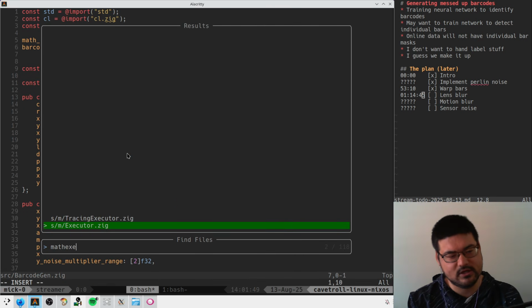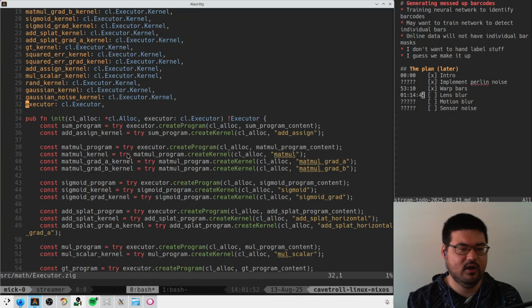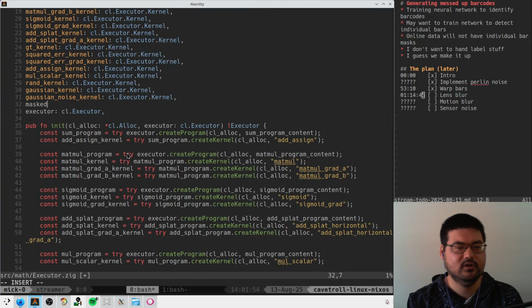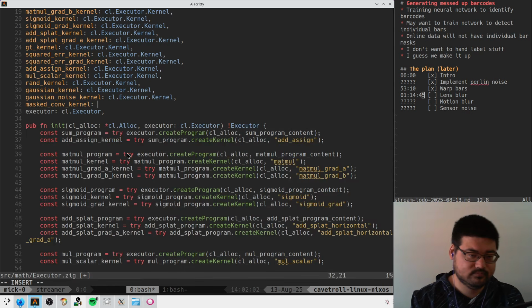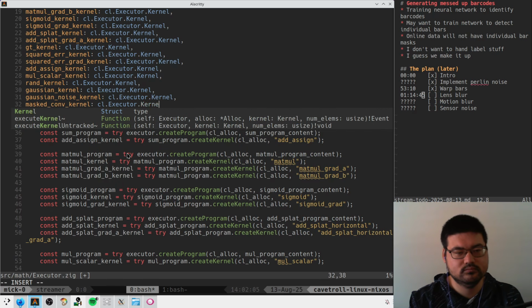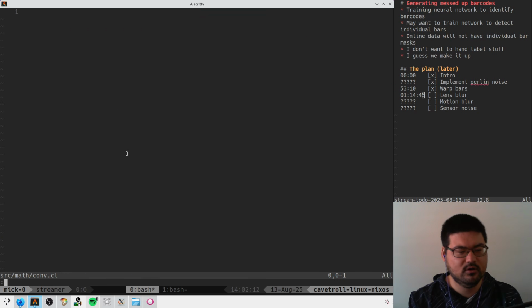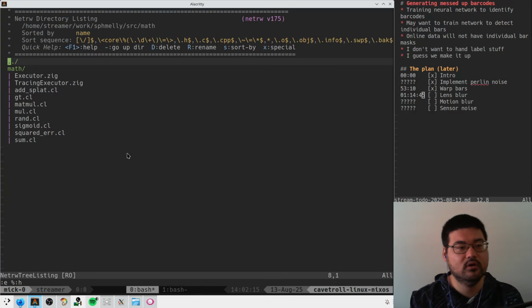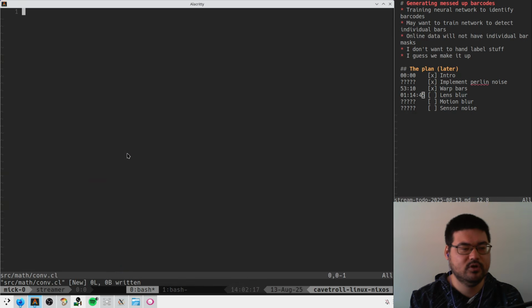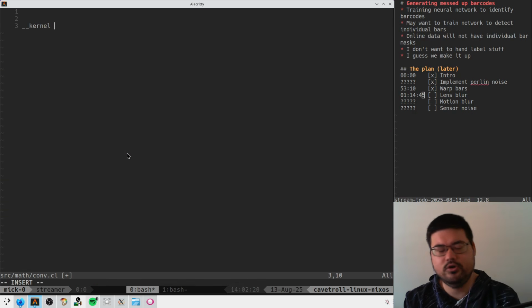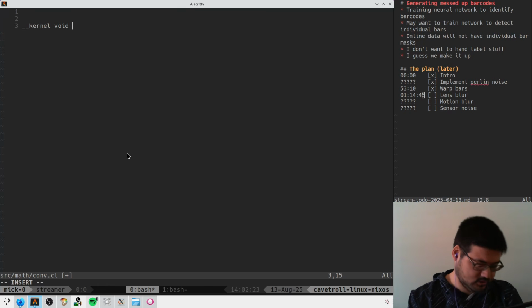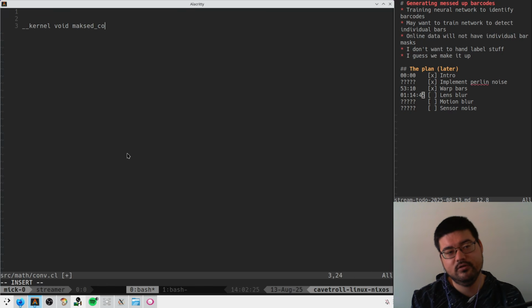So this should go in the math executor, and we'll have a masked conv kernel. I guess that goes in source math conv cl or something. Is that where everybody else lives? Yes. So we have a kernel that is going to be masked conv.